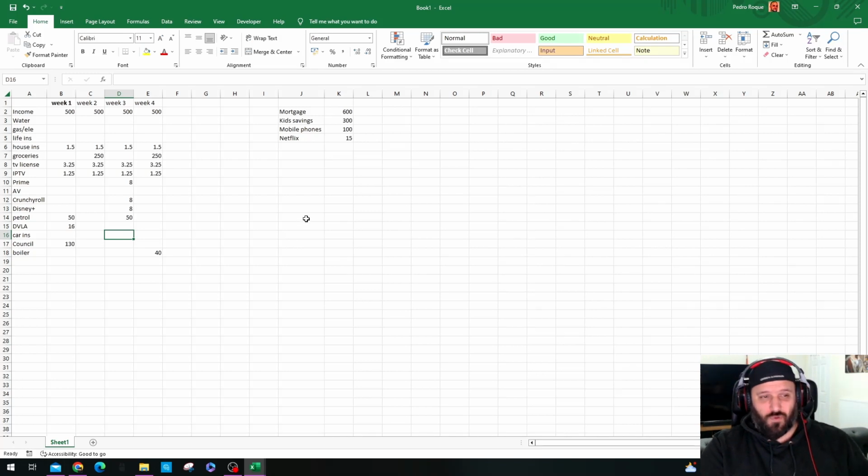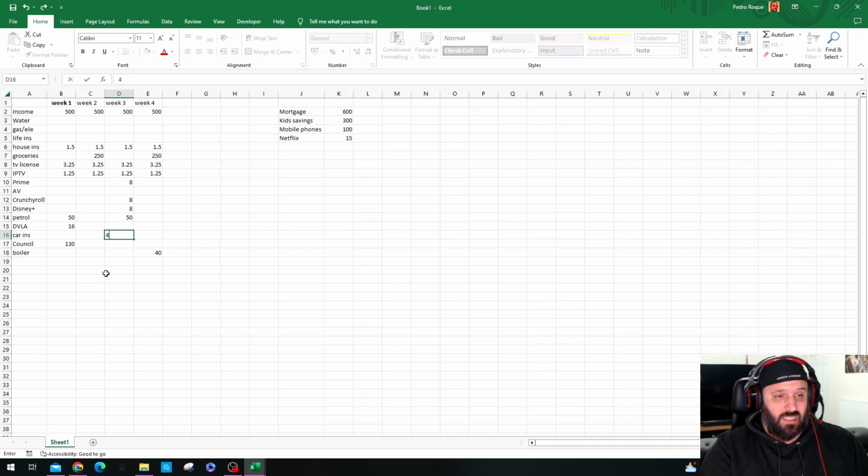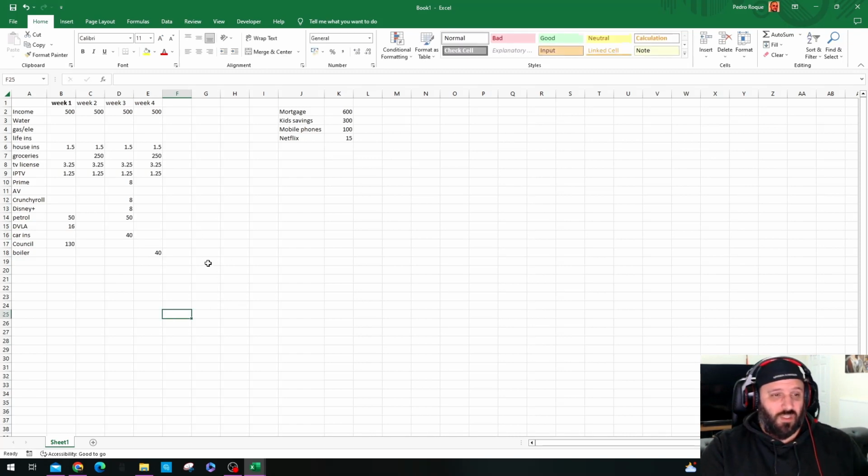Every year check for new offers, because to be honest, I've never seen a renewal coming cheaper than what I was actually paying. It's always more. And then you just get in touch with another company and they do it for less, 50, 60, 70 pounds. So at the moment I'm paying 40 pounds for my car insurance with all the extras, full coverage, everything.